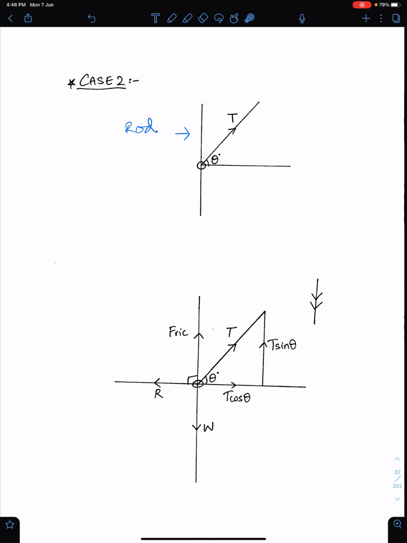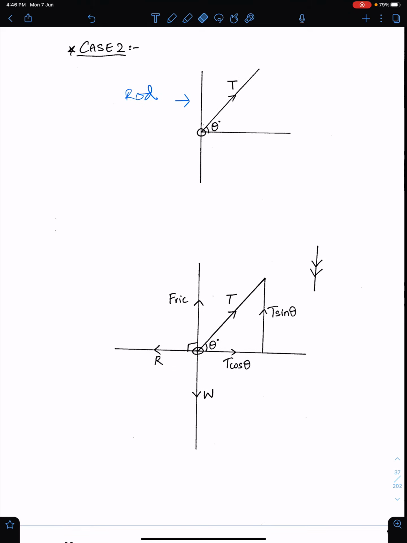Since this ring is moving in downward direction along the rod, therefore friction will act in this direction, up the rod, because friction always acts against the motion. So you just need to use these equations. Horizontal forces are balanced. So R is equal to T cos theta.